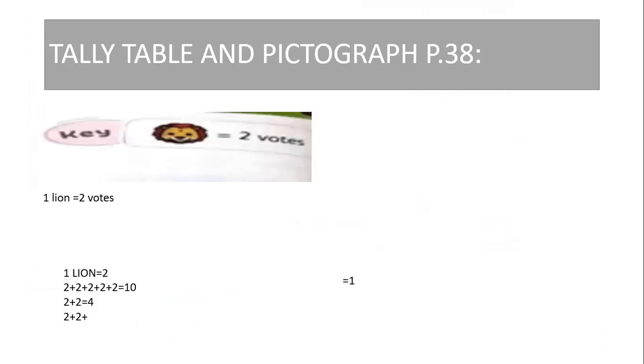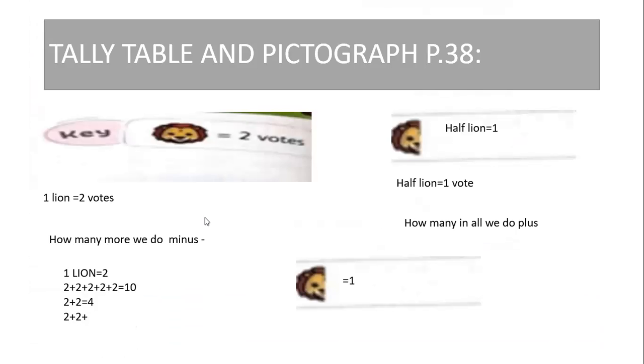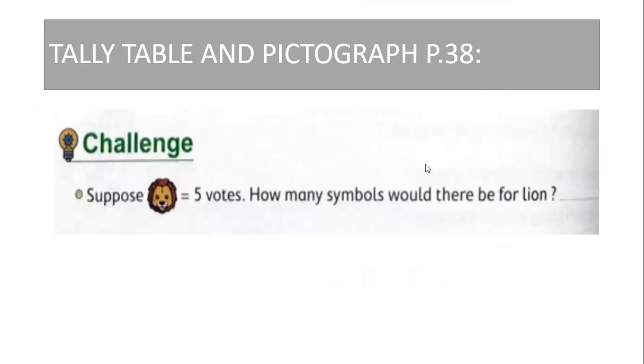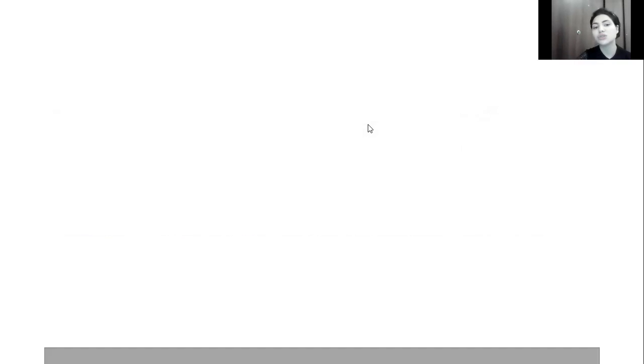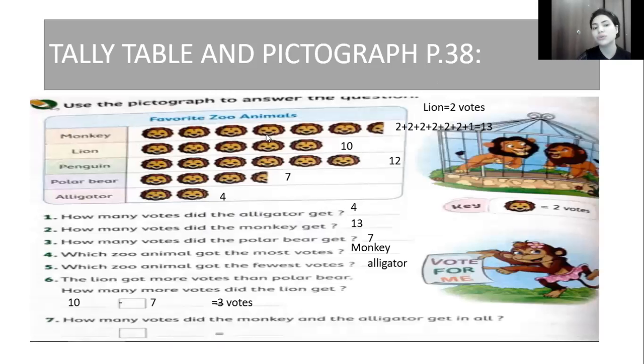Let's go to page. This is what I have explained. The key, 2 votes, one line, 2 votes, half line, 1 vote. Page 38, he is challenging me. So when he gives you the whole face, this whole face equals 5. I have in the line 5 line faces. Let's go see how many in the line. 1, 2, 3, 4, 5.